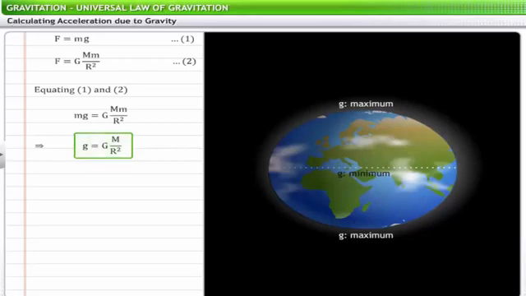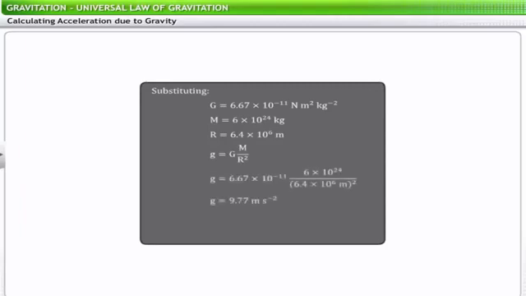To calculate the value of acceleration due to gravity g, we need to substitute the values of universal gravitational constant G, mass of the Earth M, and radius of the Earth R in the expression we derived. On substituting and simplifying, we find that the value of g is approximately 9.8 meter per second square.